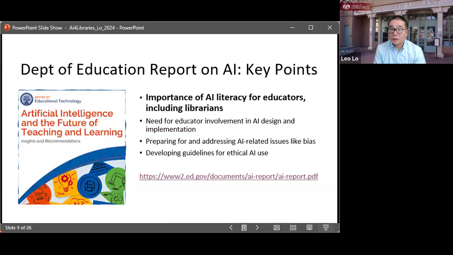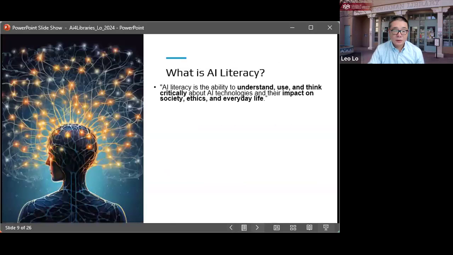But the most important thing I want to stress is that they emphasize the importance of AI literacy for educators, including librarians. So judging from that, we should all learn a little bit about AI literacy. But what is it? The report gave maybe a definition.